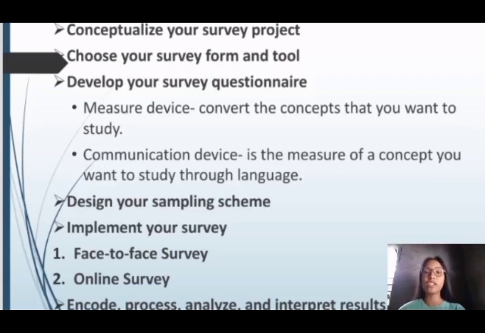Self-administered questionnaires can be delivered in a hard copy format, typically via mail, or increasingly more commonly online. And the last part is to encode, process, analyze, and interpret results. The data you gathered from surveys must be encoded, processed, analyzed, and interpreted.